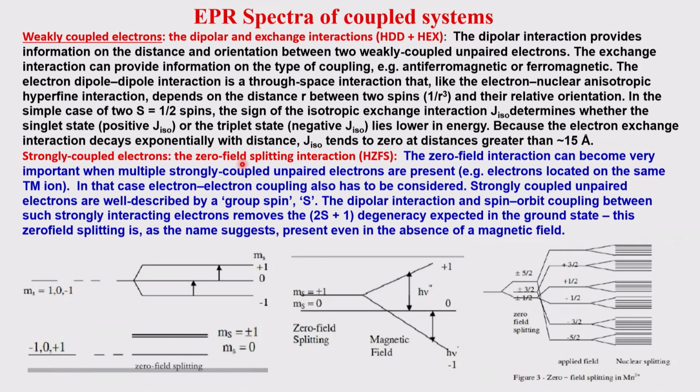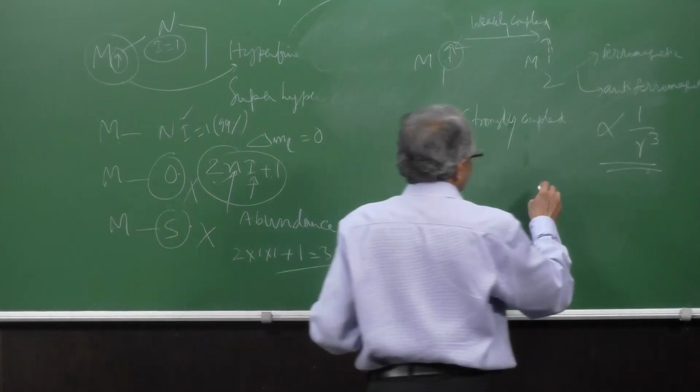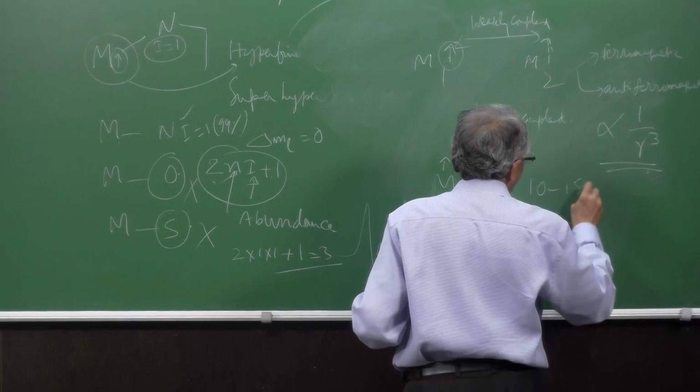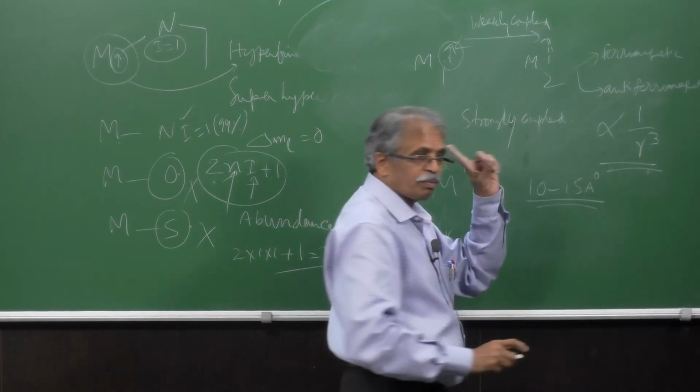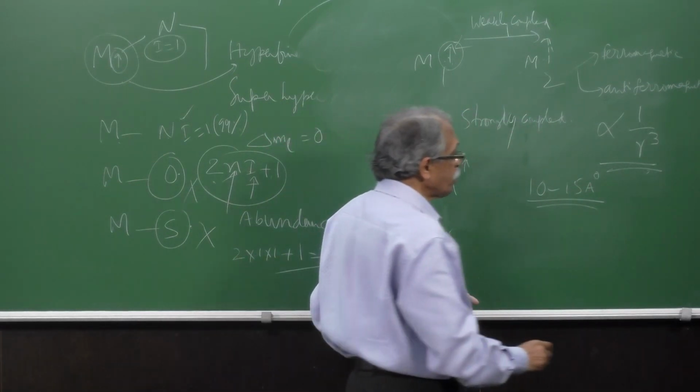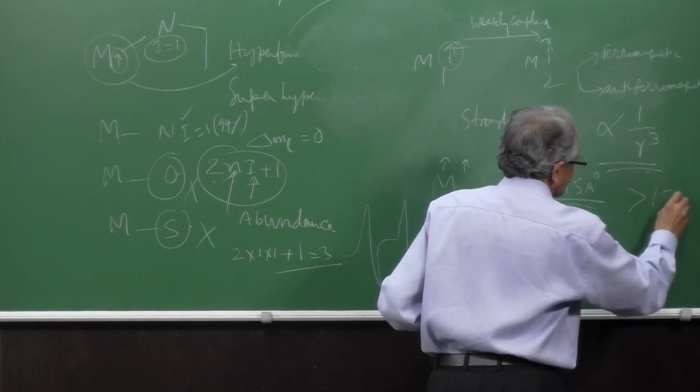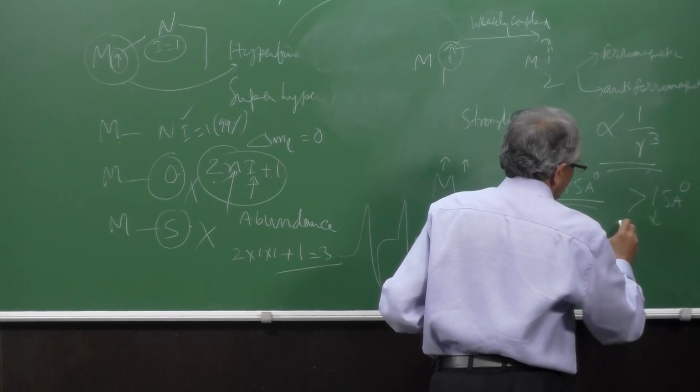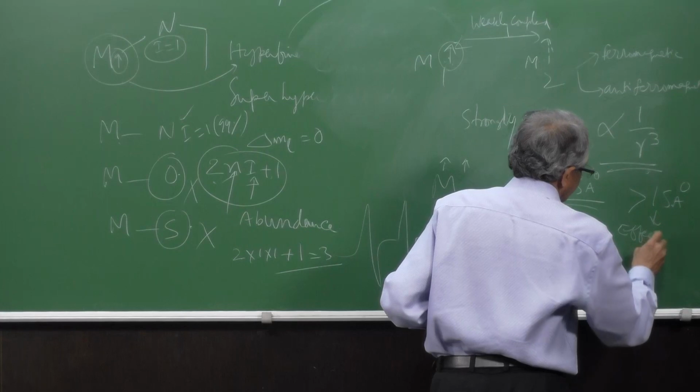So one needs to look at these coupling values in terms of whether they are positive, ferromagnetic, or negative, antiferromagnetic. Such interactions can be seen up to 10 to 15 angstroms away from the electron. Beyond 15 angstroms, the effect is 0.